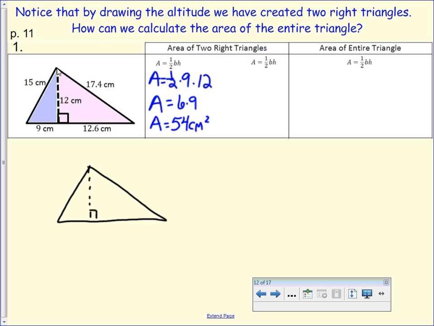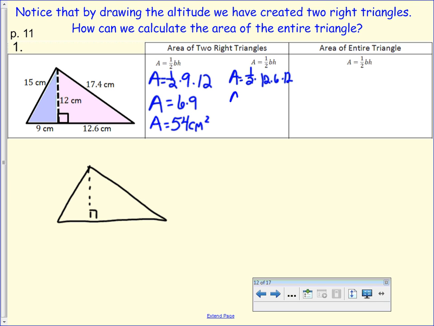But that's just the area of the blue triangle. Now let's find the area of the pink triangle. Area equals 1/2. What's the base? 12.6. What's the height? Still 12.